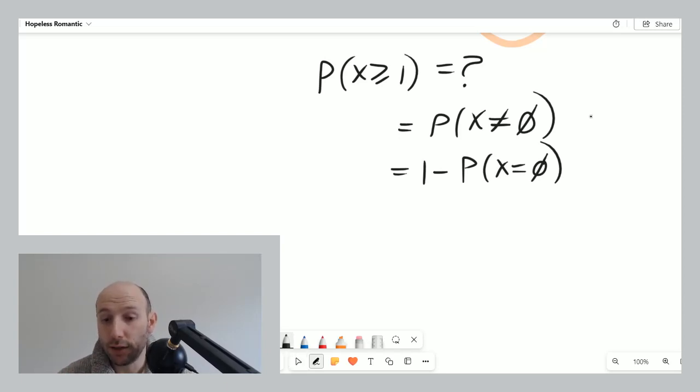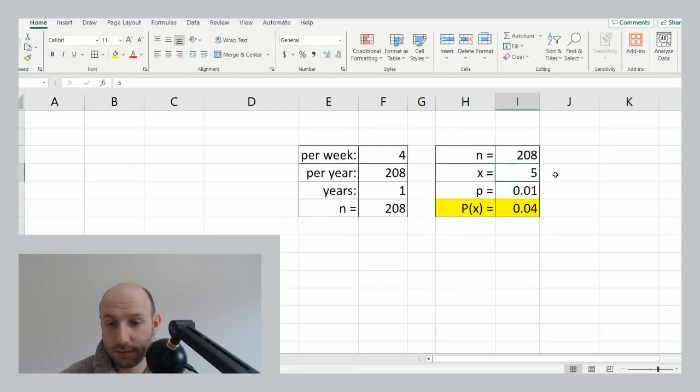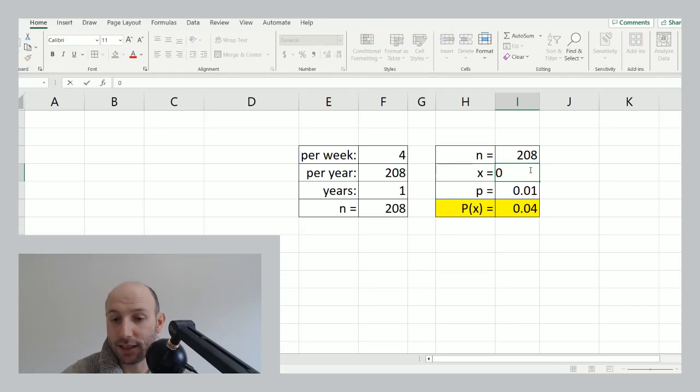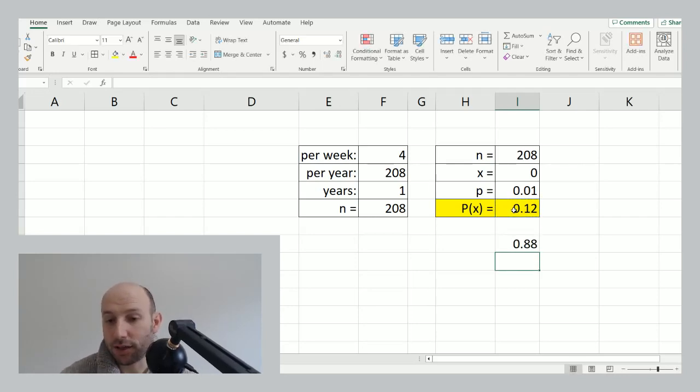So to find out the chances that they meet at least one person, well, we just find out the chances that they meet no one and subtract that from 1. So let's go to that spreadsheet. Let's throw in a 0. Well, the chances that they meet no one is 12%, which means the chances that they meet at least one person is 88%. 88. That's a very high likelihood.